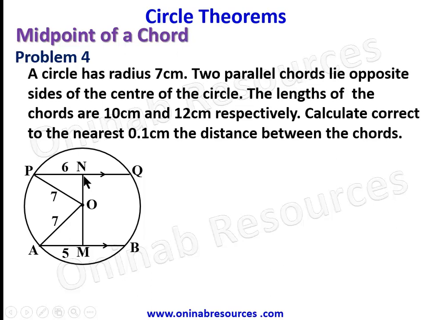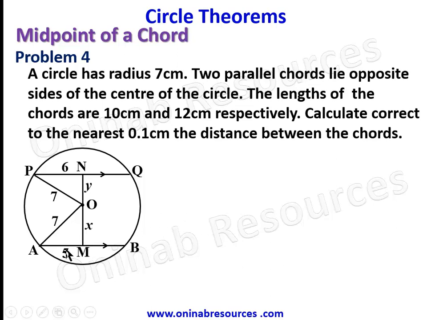To calculate the distance between the two chords, we are calculating MN. We call this one X and this one Y. We find X and Y and add them together to give us the distance between the two chords.